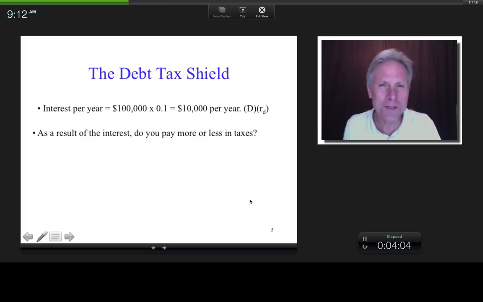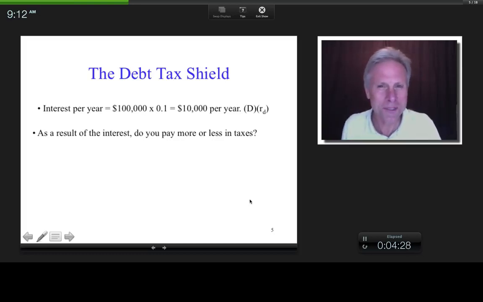Suppose for whatever reason you had $10,000 of additional taxable income. Then would you pay more taxes or fewer taxes? More taxes, right? And if the tax rate was 30%, how much more would you pay in taxes? Well, 30% times the 10,000. So you would pay 3,000 more in taxes.